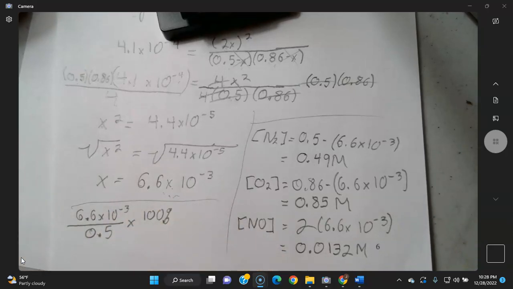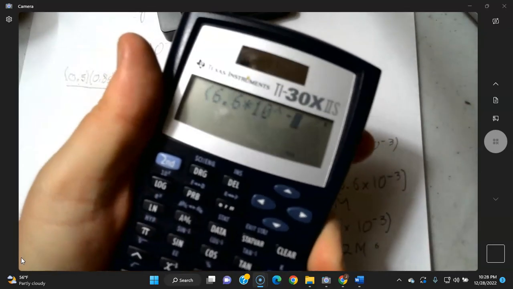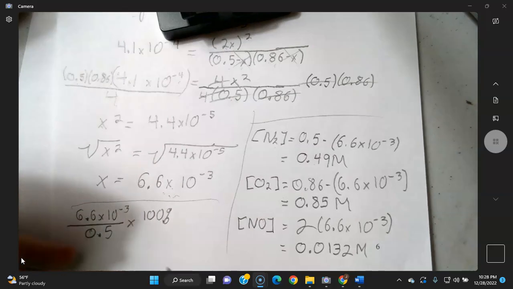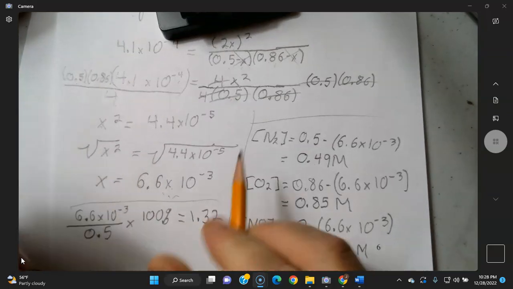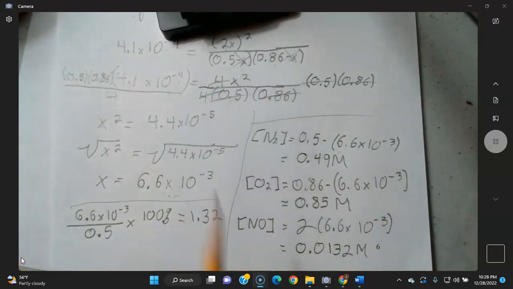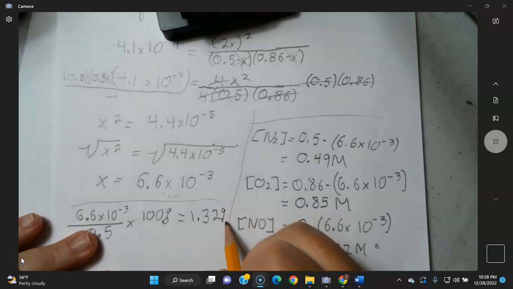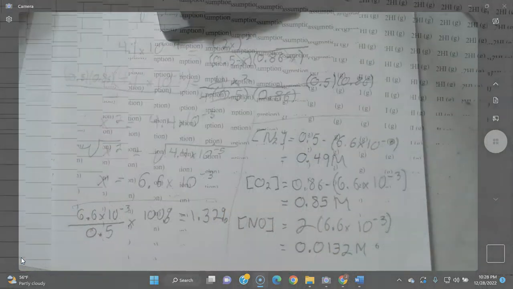Times 100%. So let's go ahead and do that. So parentheses. And we get 1.32%. That's less than 5%. So the simplifying assumption, getting rid of these x's up here at this stage, was okay, because this is less than 5%. Okay? All right, that takes care of that problem.